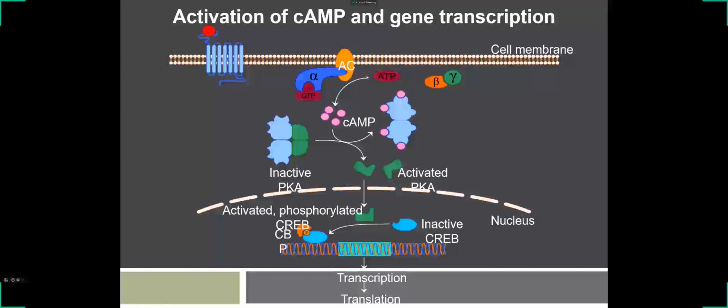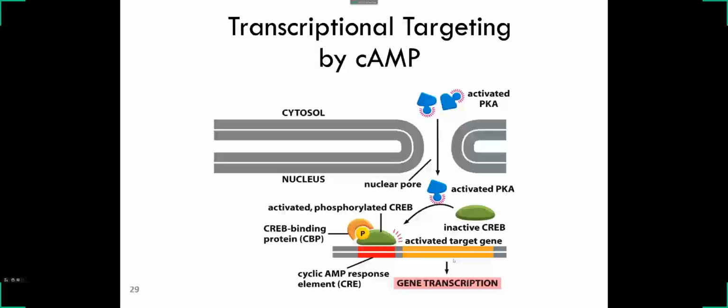In this case, we'll activate adenylate cyclase, produce cyclic AMP, and then go in and drive transcription and translation. But unlike the steroid hormones, we require this second messenger production, okay, and then binding of the DNA. The gene transcription is driven not directly, but indirectly.